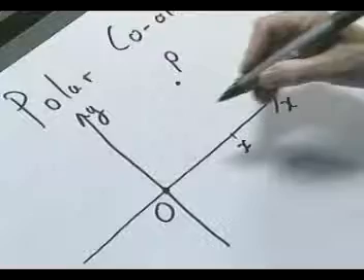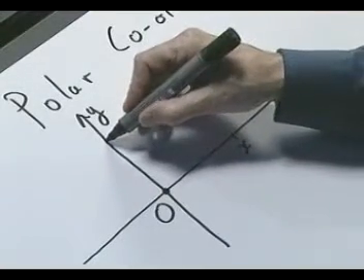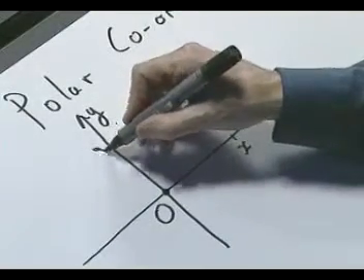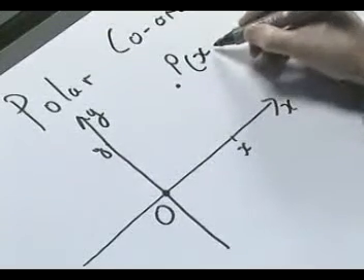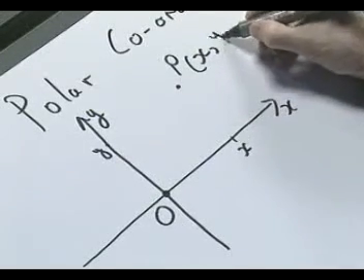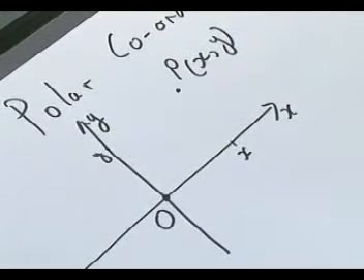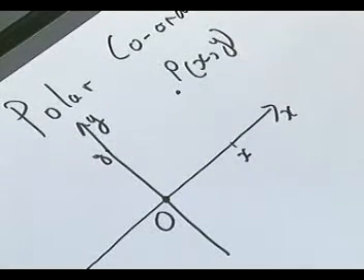Now, we fix a point P in the plane by saying how far it's displaced along the x-axis to give us the x coordinate, and how far it's displaced along the y-axis to give us the y coordinate. And so we have a point P, which is uniquely described by its coordinates x, y.